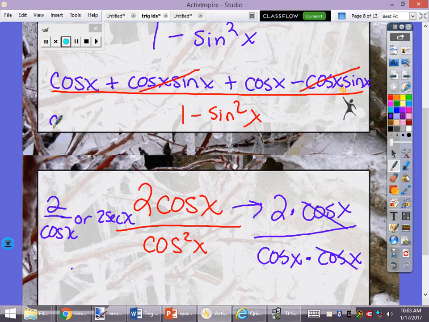The very first trig identity that we worked with is this. When I manipulate it, cosine squared equals 1 minus sine squared x. So I replace it with cosine. Ultimately, you want all the pieces to be the same trig.